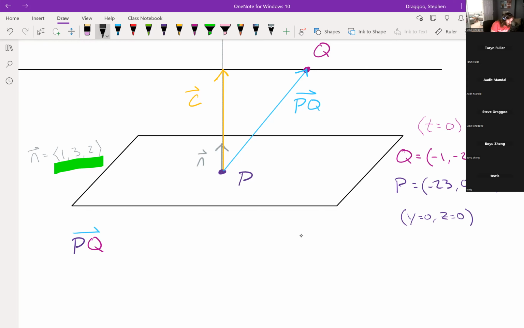So PQ is, well, I'm going to start at Q, and then I'm going to subtract P. So I need -1, -2, -1, minus -23, 0, 0. I should just write that all out.